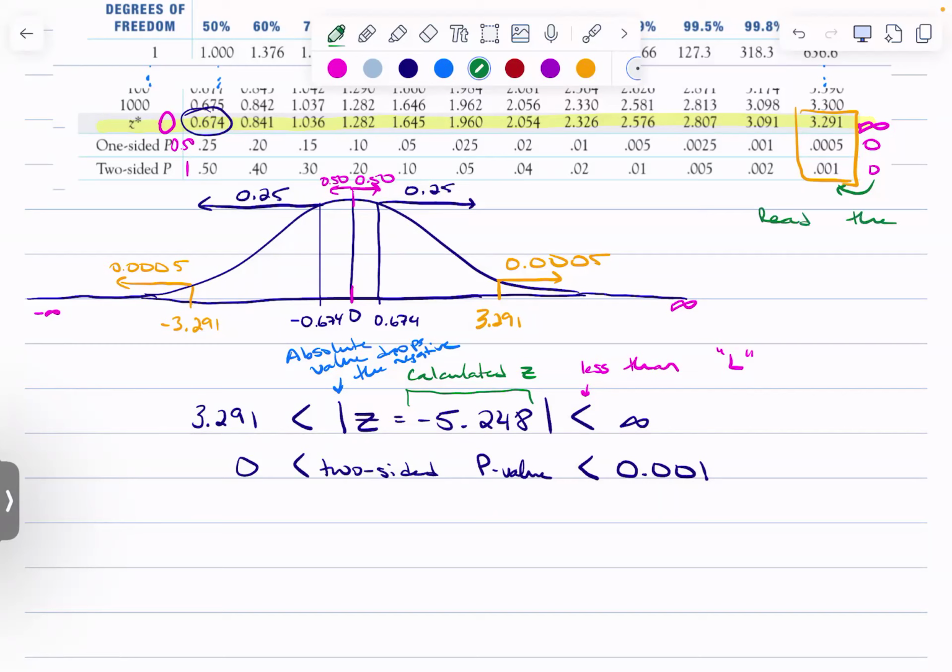I'll say read the p-values from right to left. Okay.